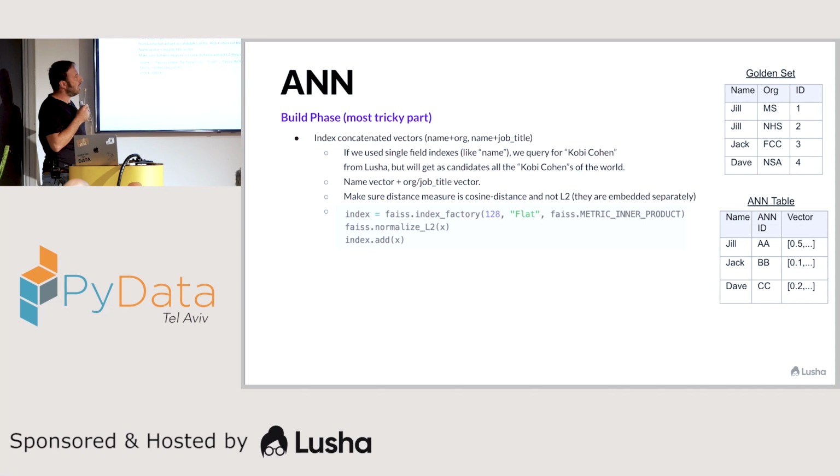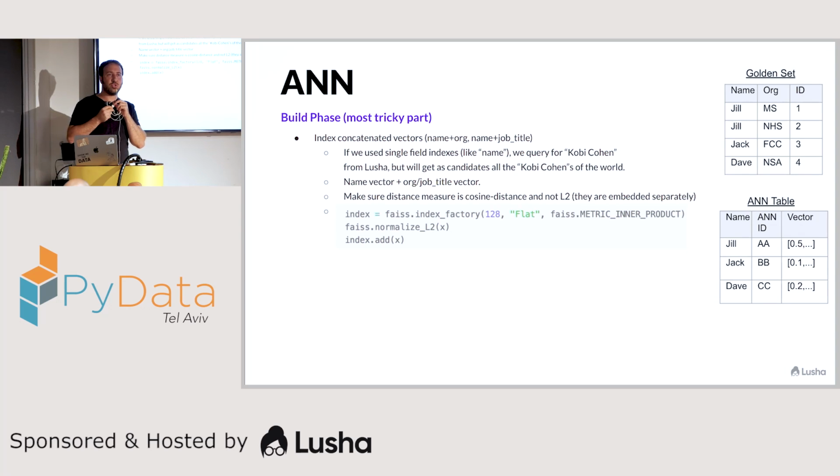Another thing that we encountered is the necessity to use fused or concatenated vectors. We can embed names separately, so the embeddings, as I showed, or job titles, as I showed you before. But if I look now at, let's say, Kobe Coin, it's quite a common name.